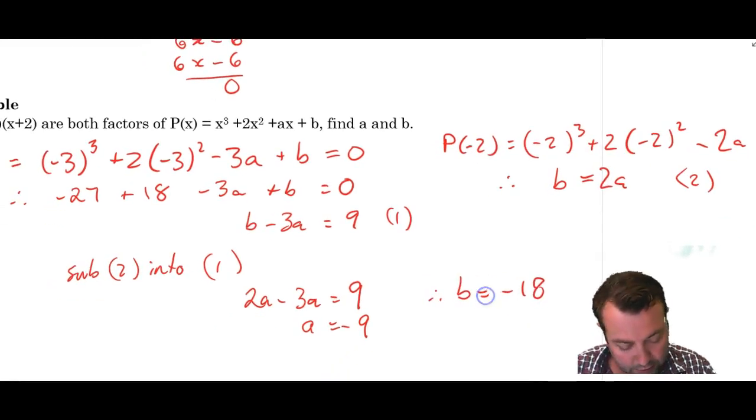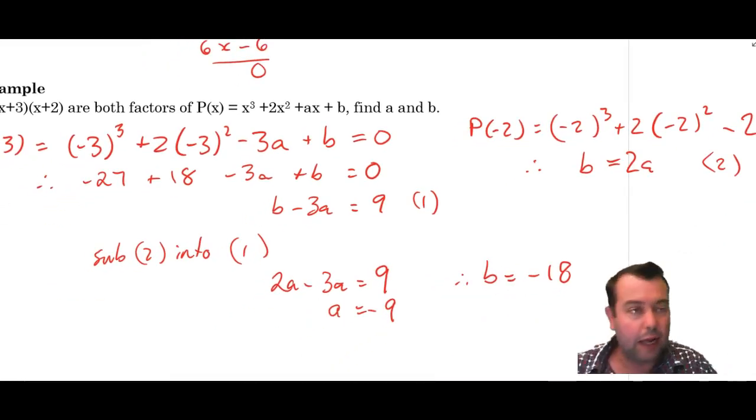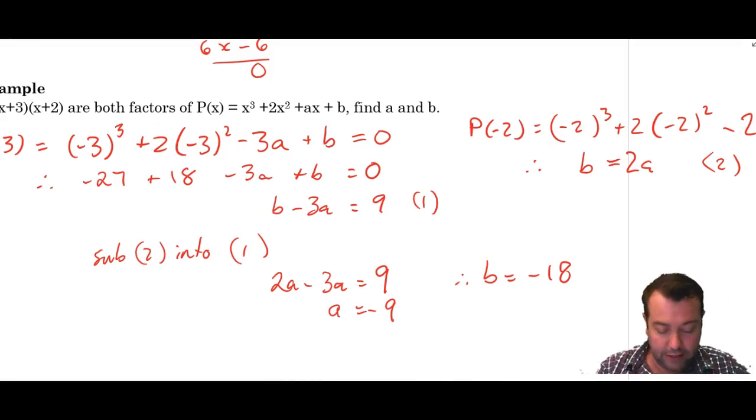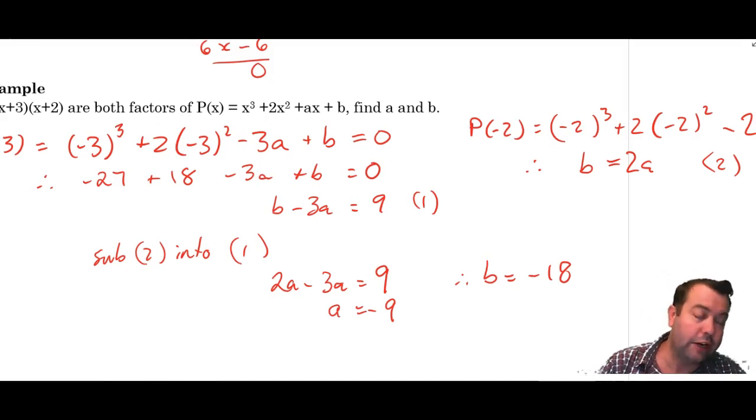So our factor theorem tells us that if we substitute that 0 in, I get a remainder of 0, and when we had two factors there, that allowed us to generate two different equations and thus find two unknowns.